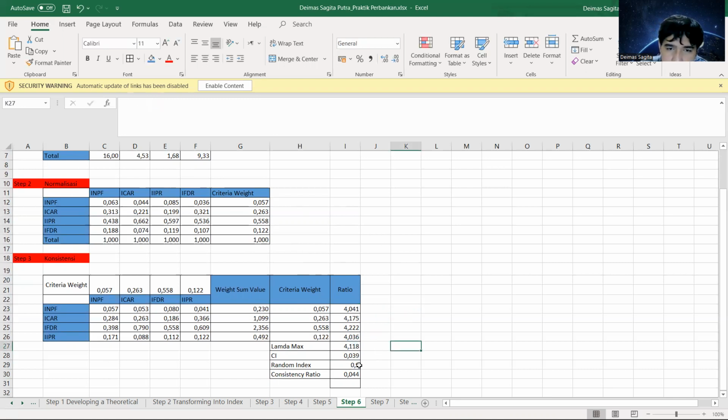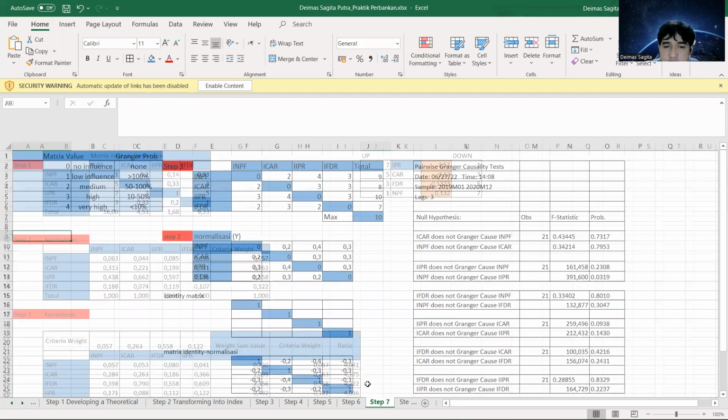We get 0.039. For the consistency ratio, we try to find the value of the CI divided with the random index 0.9. So we got 0.044.